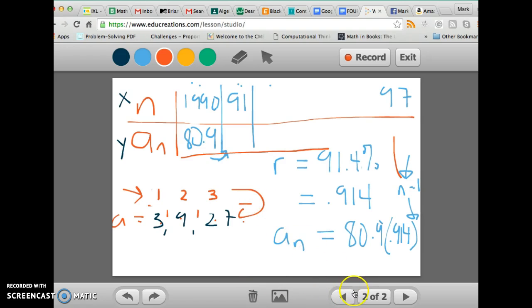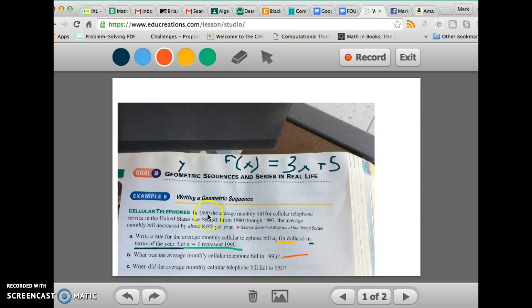So with that as a backdrop, reading the problem, it says, in 1990, the average monthly bill for cellular telephone service in the United States was $80.90 for the whole year of 1990. The fact that it's monthly, we're not caring about. We take all the months, average them together, and get $80.90.